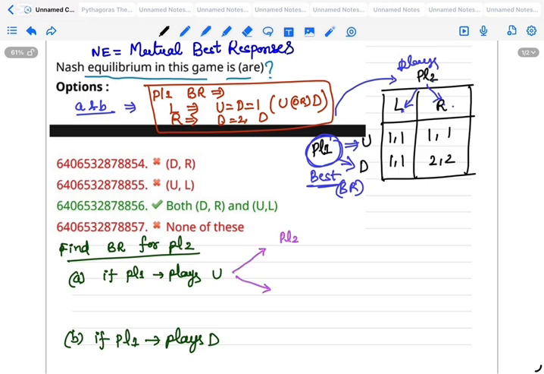Player 2 gets, if player 1 plays up, you can select these two values, L and R. That is, player 2 gets L equals R equals 1, indifferent. That implies L or R, both are equal, indifferent.